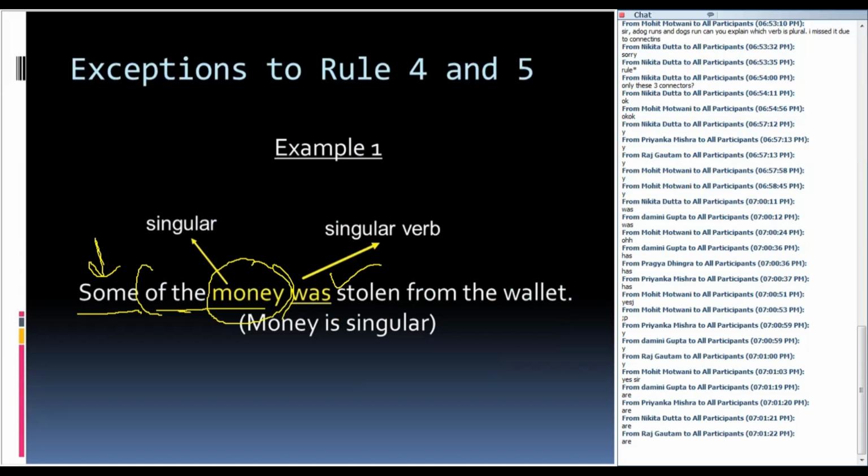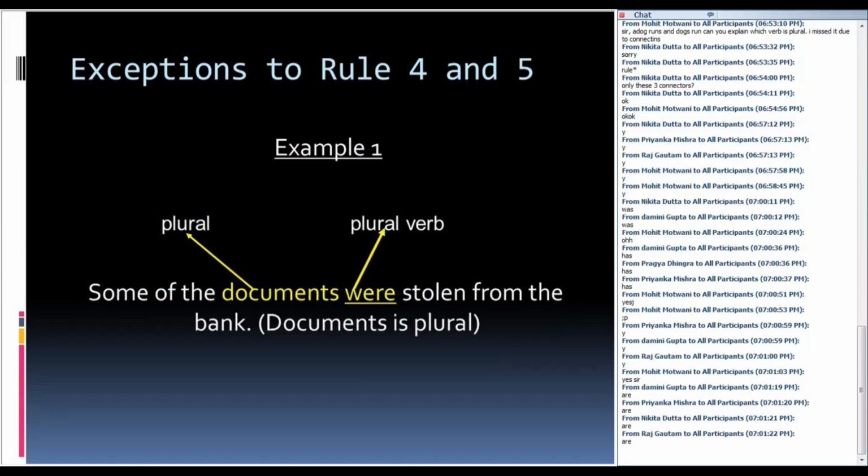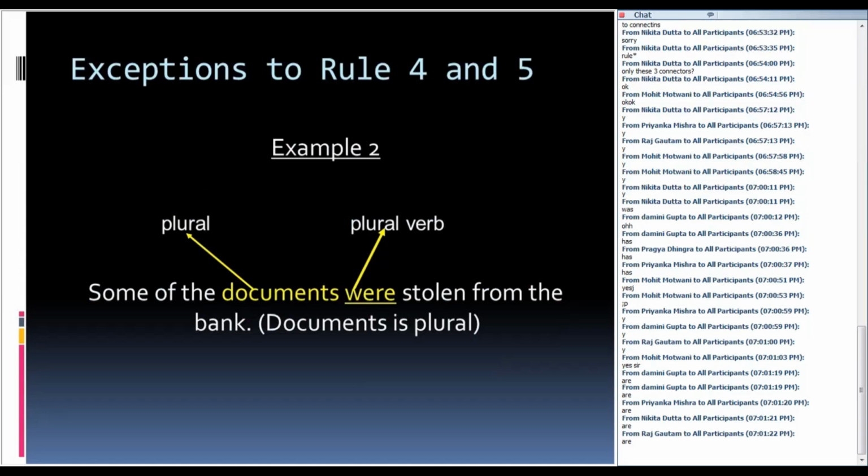Some of the money was stolen from the wallet. But then it can be plural also. If I say some of the documents, now the subject is documents, plural. Some of the documents were stolen from the bank. I have to use the plural verb were. So that depends on the situation.